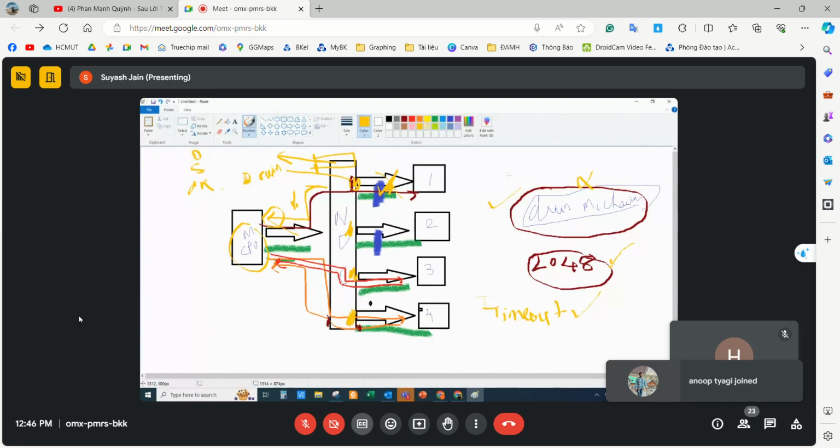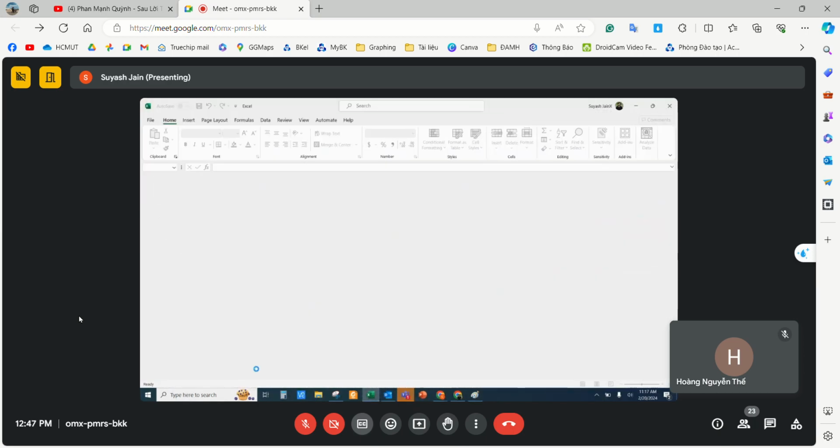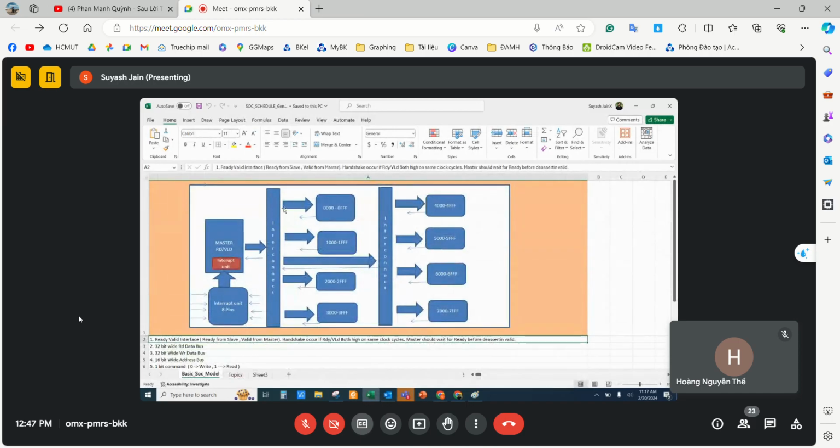More questions? So ultimately, this diagram that I have shared with all of you, if you code this, we will make this ready low and try to access it. This will give you a real-time idea of how an SoC is working.